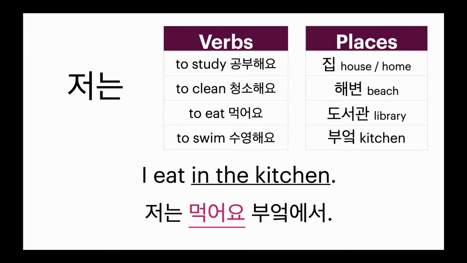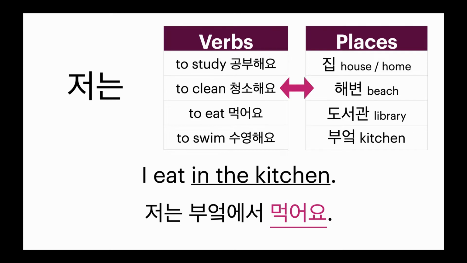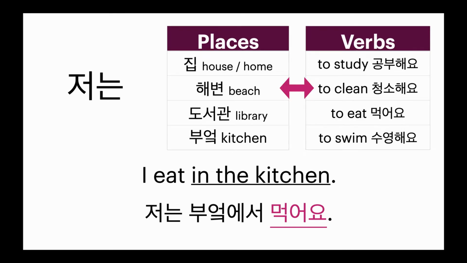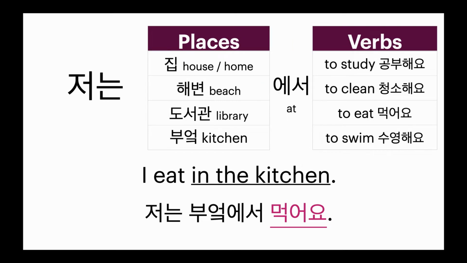However, the verb in Korean must always go at the end, which means that the verbs and places must switch. And let's also get the word at in here, 에서, just so we can remember. So now, I eat in the kitchen becomes 저는 부엌에서 먹어요.